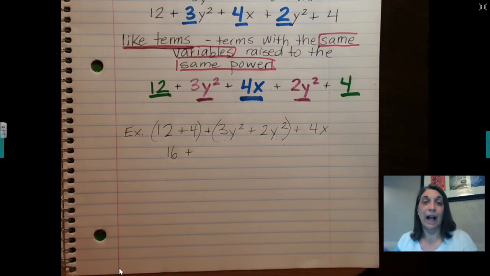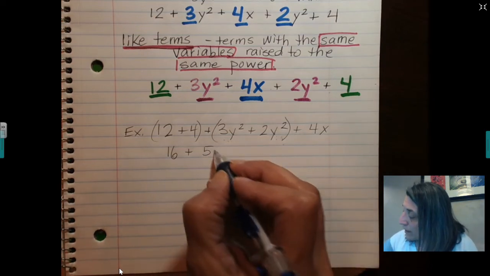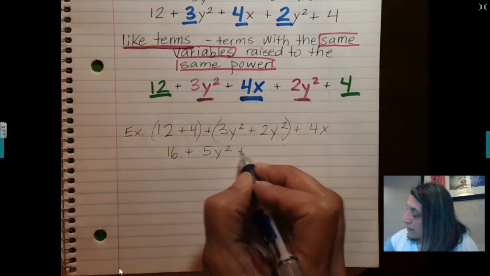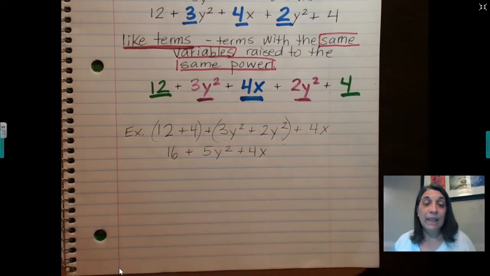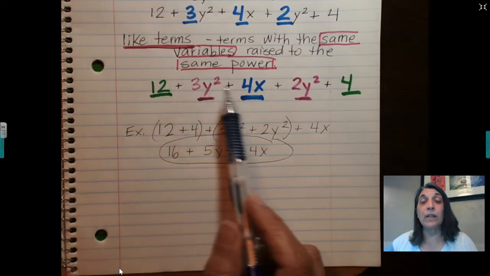I have 5. So I can just add my coefficients. Now I have 5y squared plus 4x. 4x doesn't have anything I can combine it with, and that is the simplified version of this big long expression.